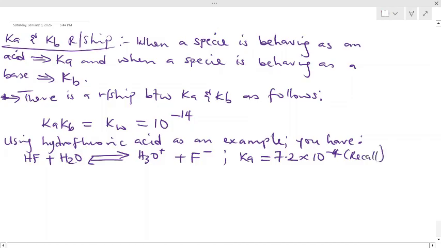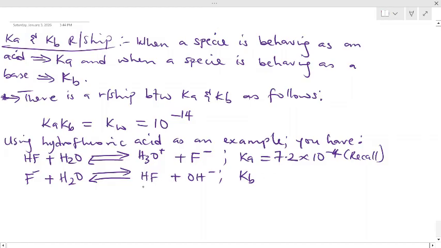Then this fluoride now goes into the reaction acting as a base, because it's going to withdraw a proton to form HF, leaving OH minus. And that implies a base constant, because it is acting as a base.